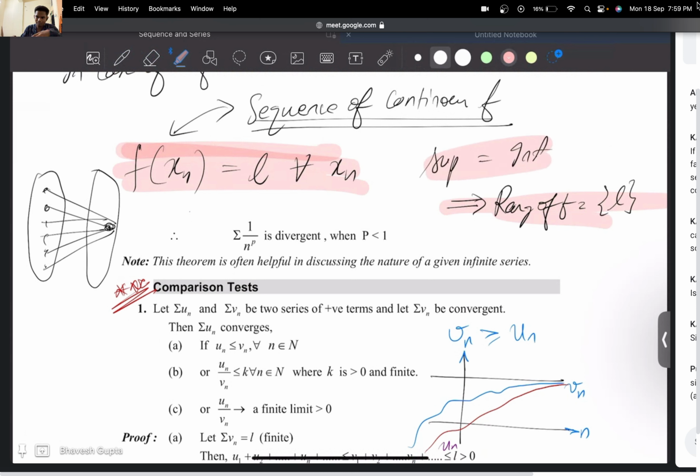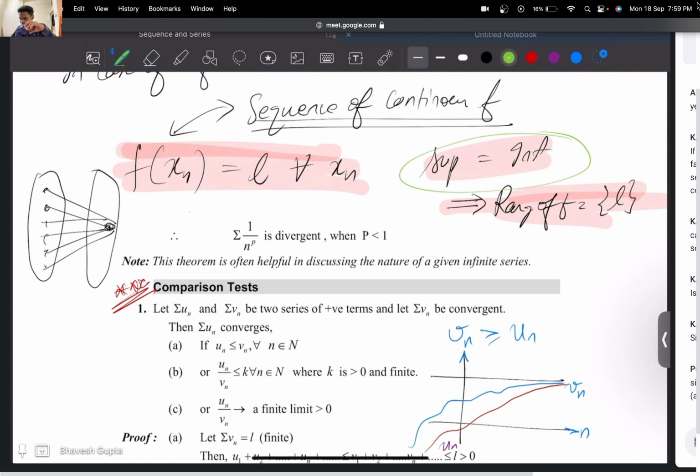Have you got this point? See, in your question there are two parts. The first part is where you have infimum equal to supremum. And the second part, you connected this with the left hand limit and the right hand limit. I just want to understand why you are connecting these two parts.